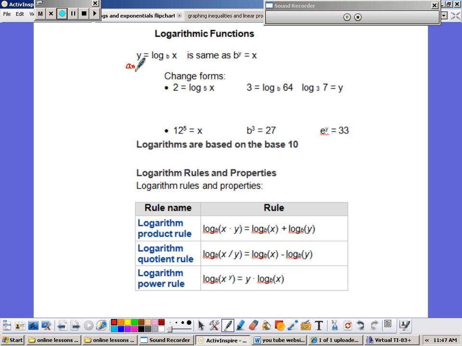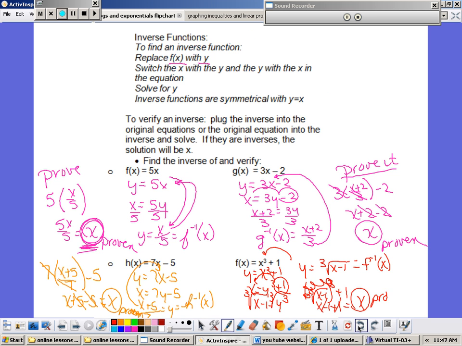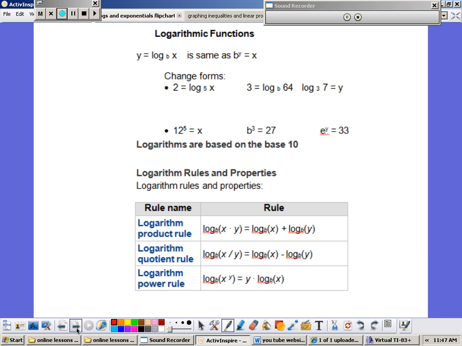y, which is your answer, is equal to the log of b, which is your base. Let's start again. y, which is actually over here, is your exponent. b is your base from over here.